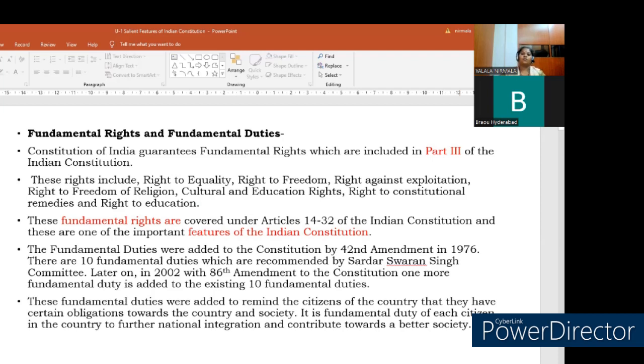The fundamental duties were added to remind the citizens of this country that they have certain obligations towards the country and the society. It is the fundamental duty of each citizen in this country to further the national integration and contribute towards the betterment of the society.